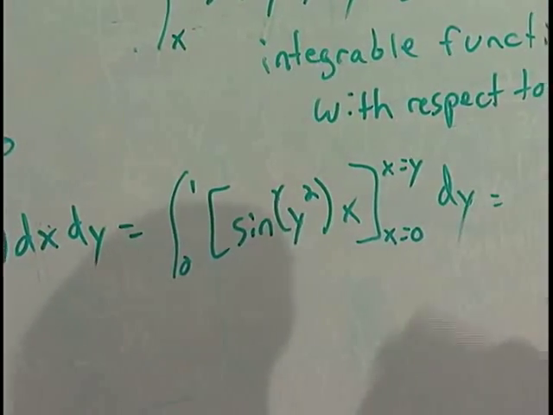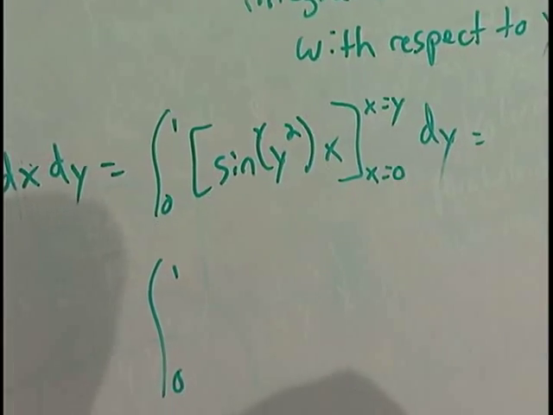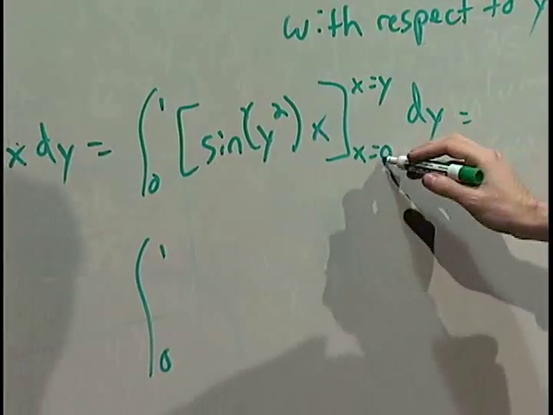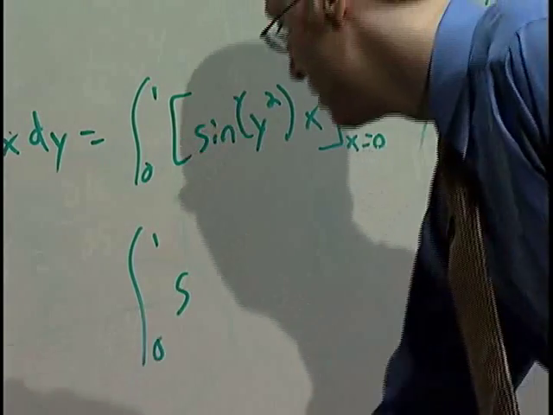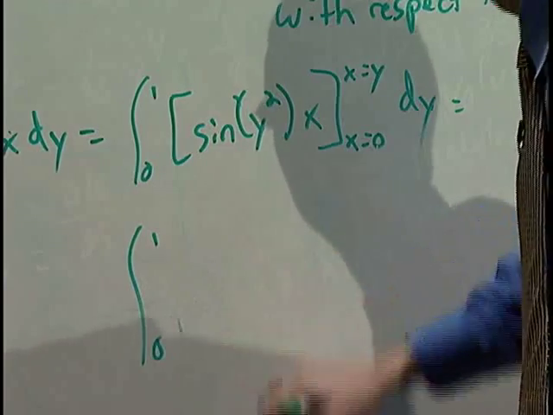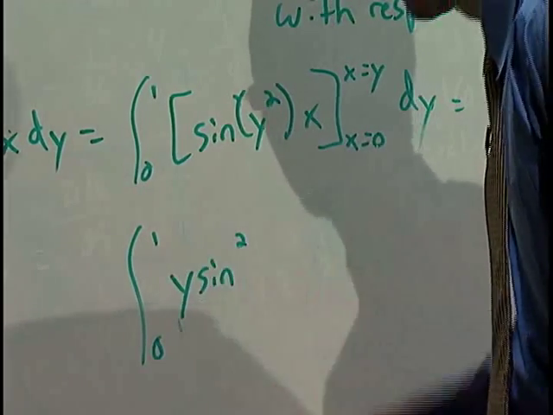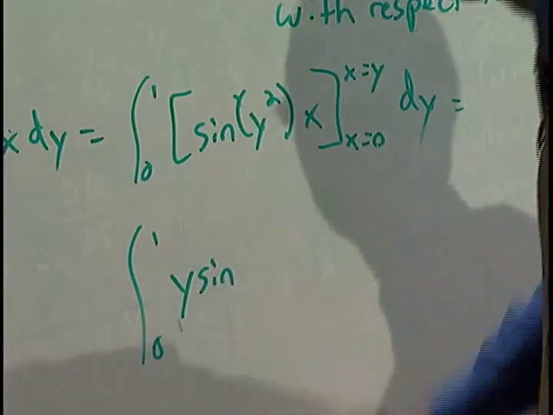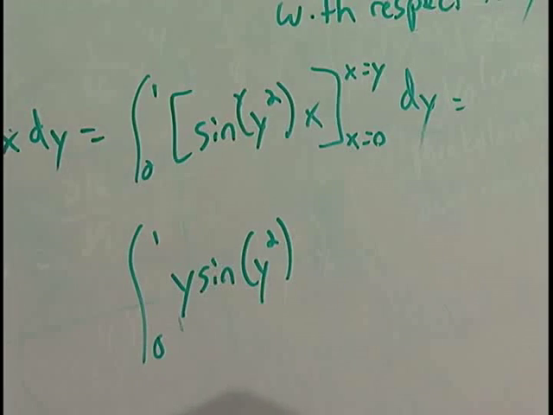So the integral from 0 to 1. Let's see here, we're plugging in for x. You plug in 0, the whole thing goes out. You plug in y, you get y sine y squared.